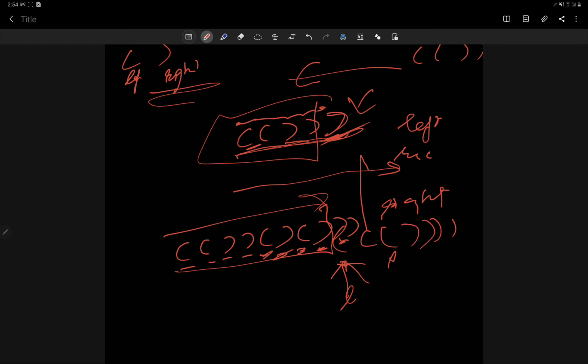But if we get a right one and there is no left one before it, we can definitely say it's unbalanced. Are you getting my point why, traversing from 0 to n, we get the situation where the right count is greater than the left? So we are encountering that situation.